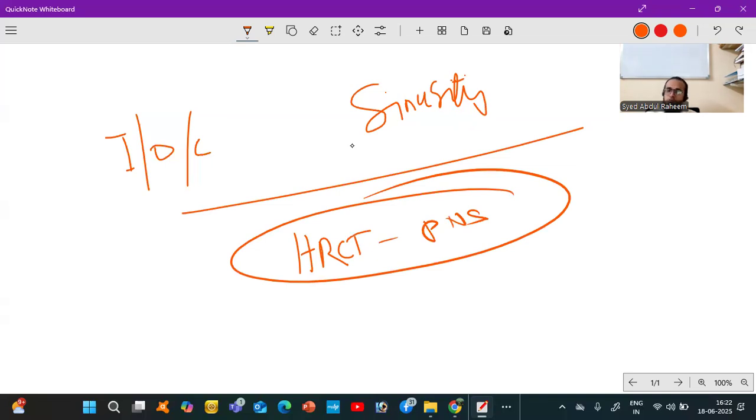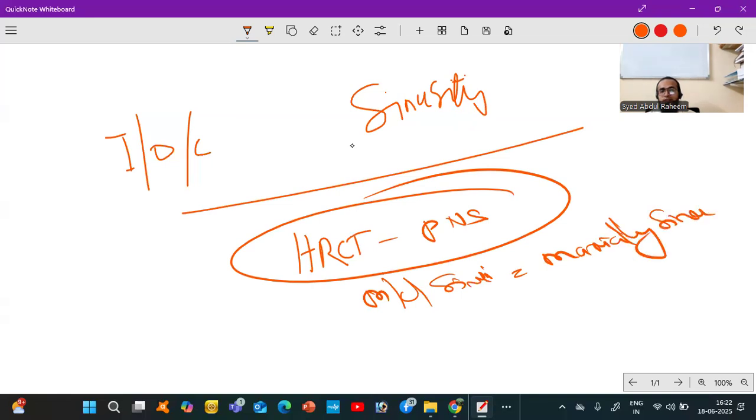In that you will get a clear picture of the sinuses, and the most common site of sinusitis is the maxillary sinus. In that area the inflammation is seen in most patients. So these are the important things.